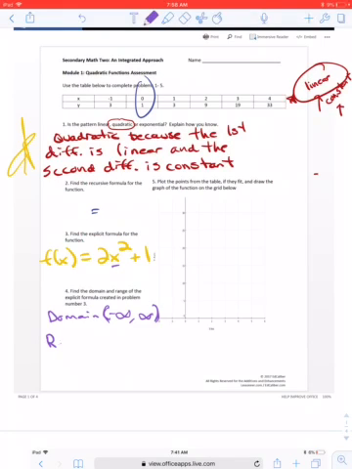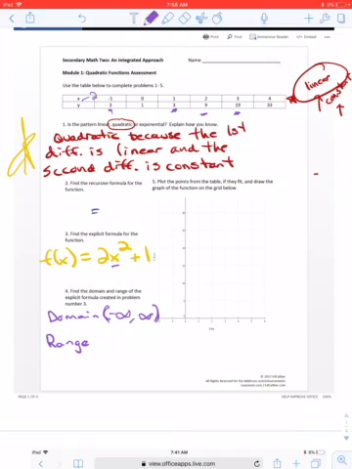Okay, now the range is going to be a little bit different. So for the range, let's think real quick in our table what happened with the y values and what they can be. So when we plugged in negative numbers, we get the same positive numbers over here. If I were to plug in -2 here, I would get 9. -3 would be 19.